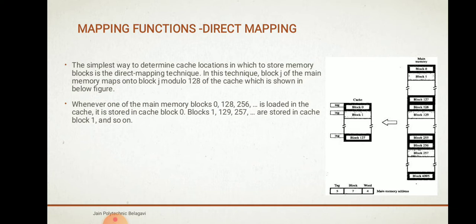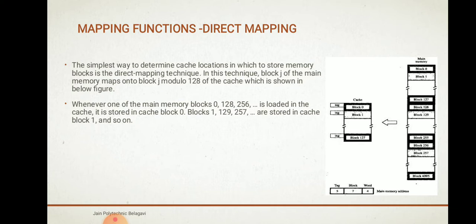Means block number 0 present in the main memory should be in block 0 modulo 128. 0 modulo 128 is 0. So block 0 in main memory should be stored in cache block number 0. Similarly, block number 128 in the main memory should be stored in block 128 modulo 128 of the cache, means block 0 of the cache. So blocks 0, 128 and 256 will be loaded into block number 0.